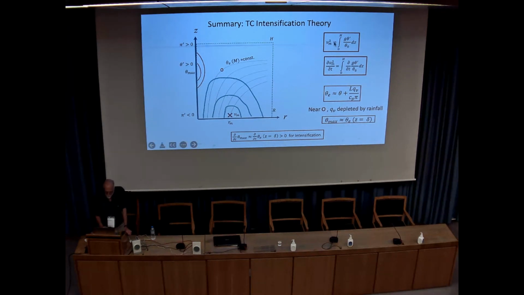So there's the summary slide for intensification. Here's our thermal wind relationship, but integrated. So we have the maximum wind in terms of the integrated buoyancy on the center column. If we take a time derivative of that, then it shows that to increase V, you have to increase the buoyancy on the column, which means you've got to increase theta.